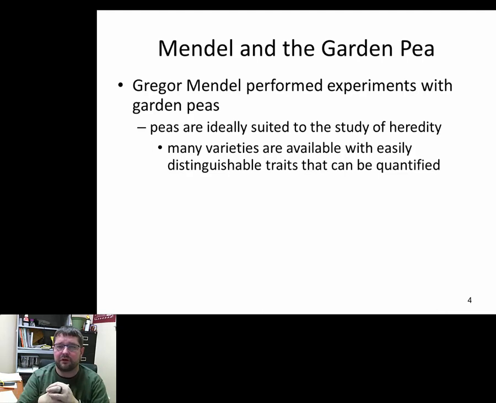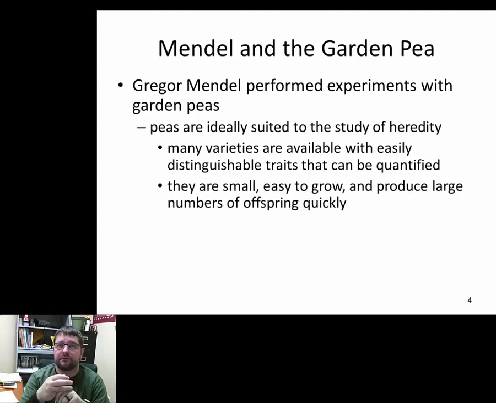There's a lot of varieties, and most of the material is very suited for genetic work. They're easily grown in a greenhouse. Most people can grow a garden pea very easily from seed to reproductive parts and fairly quickly. I'm talking maybe a couple months, about 60 days for some varieties, or maybe 3 months, 90 days, for other varieties.